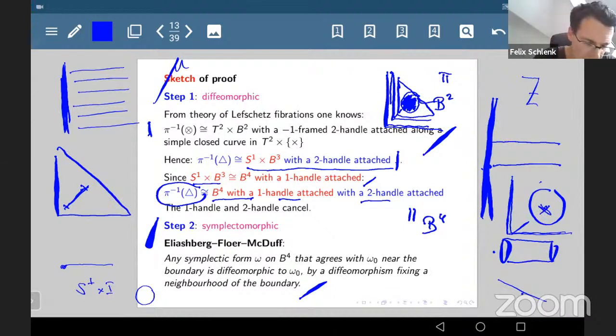But if I add this line, then this is S1 cross R3, right? Because these open cylinders become disks. This open one is the moment map of C star, but this is the moment map of C, the moment polytope of C.